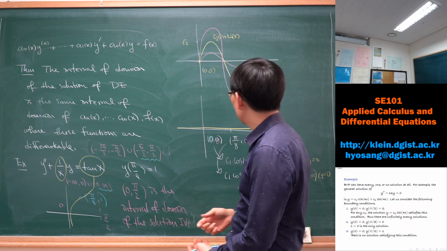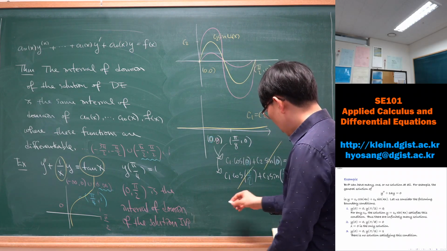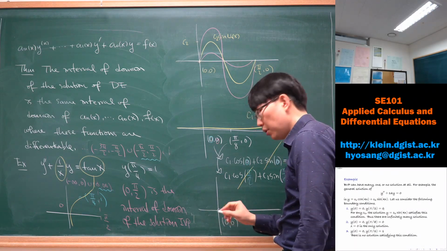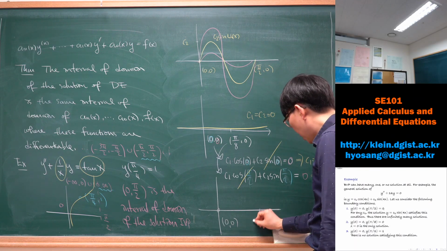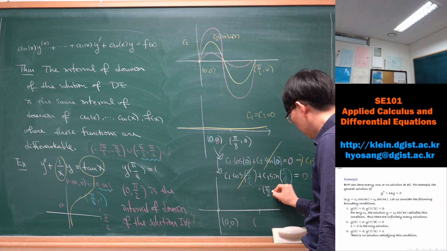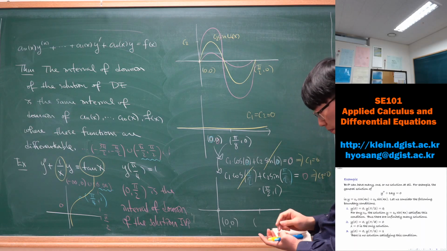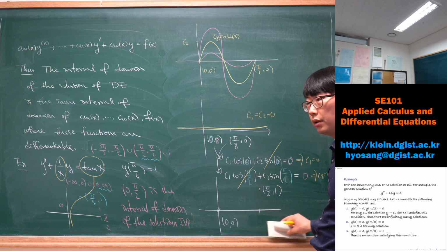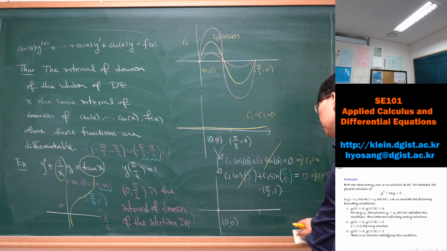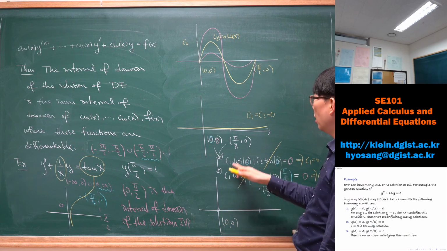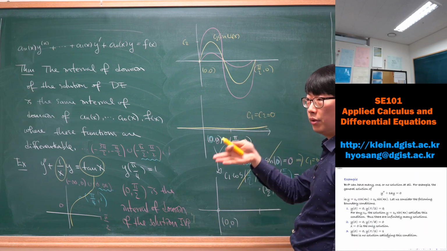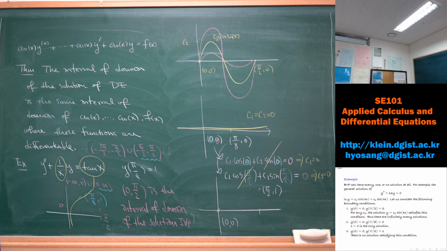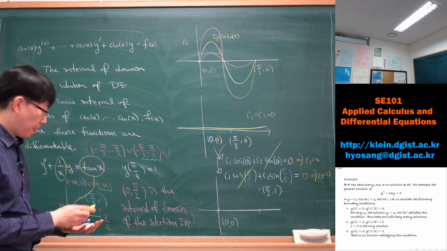But in the third condition, we have boundary conditions (0, 0) and (pi over 2, 1), so the solution should pass through pi over 2, 1 here. So it says there is no solution satisfying these conditions. So I cannot draw my solution curve in the form of C1 cosine 4x plus C2 sine 4x satisfying these conditions.